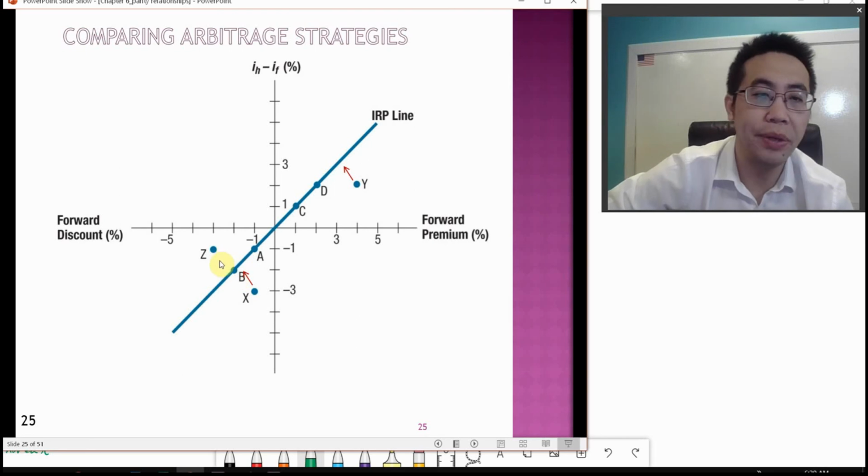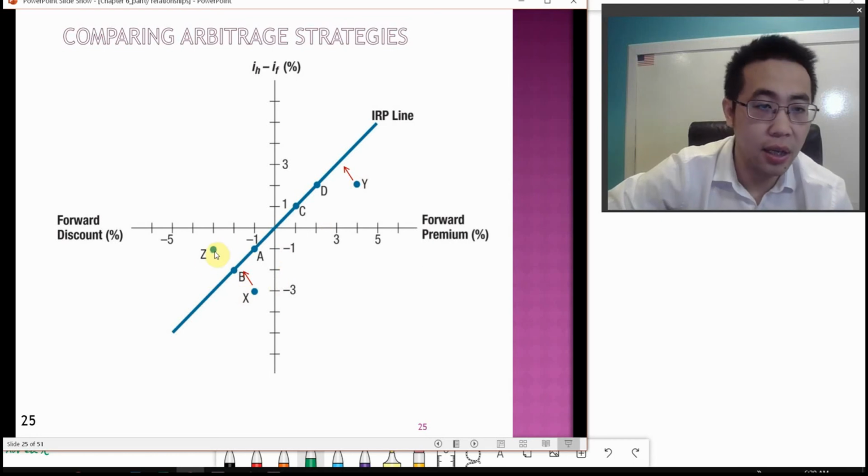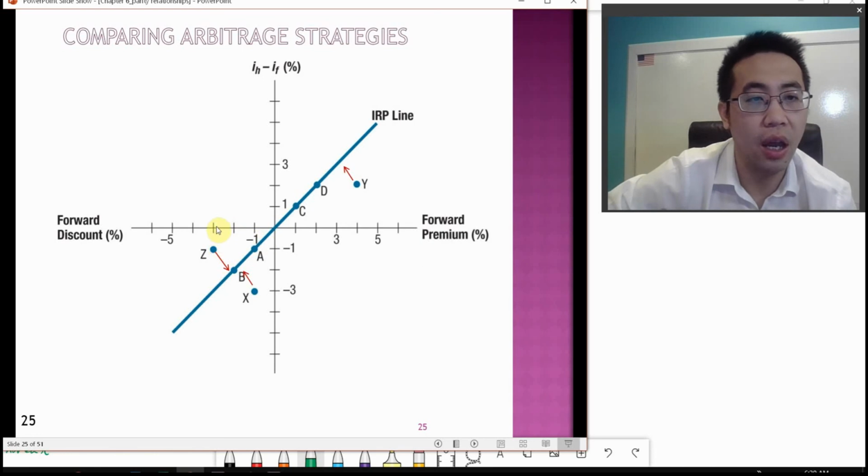And point Z would be different from point X and point Y. You see, point Z lies above the rate line, and points X and Y lie below the line. Point Z basically means your home interest is relatively too high.